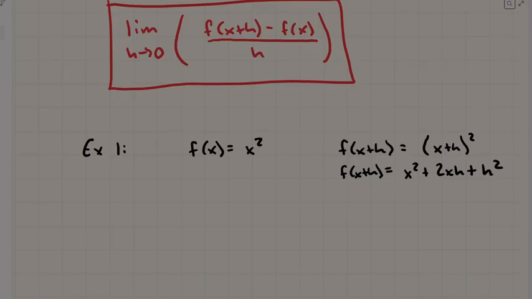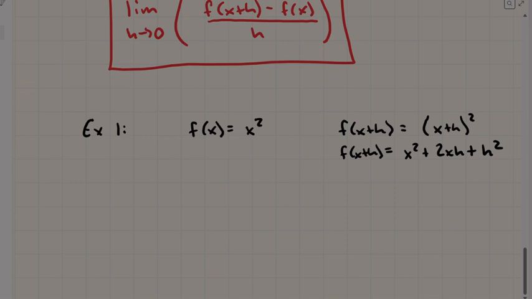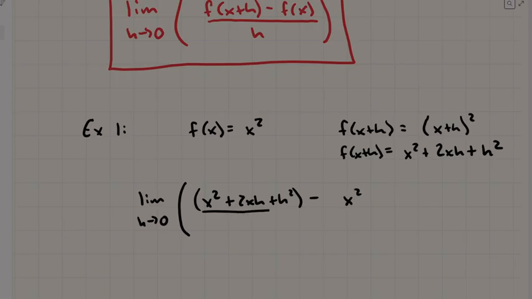Okay. At this point, it looks like we have what we need to at least attempt this. So our instantaneous slope, the derivative of f of x equals x squared, we're going to try to determine it with the limit as h approaches 0 of x squared plus 2xh plus h squared minus x squared over h.